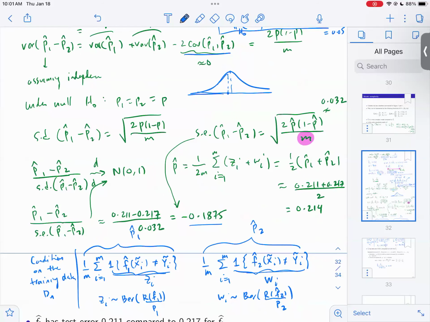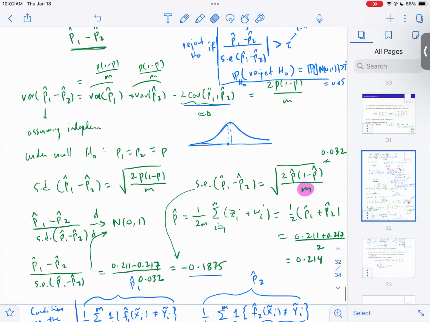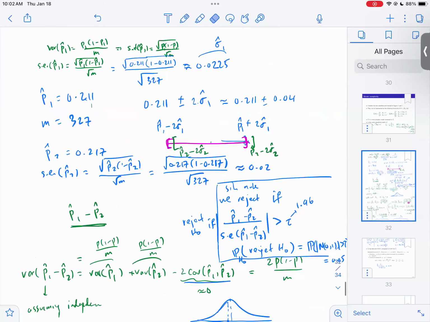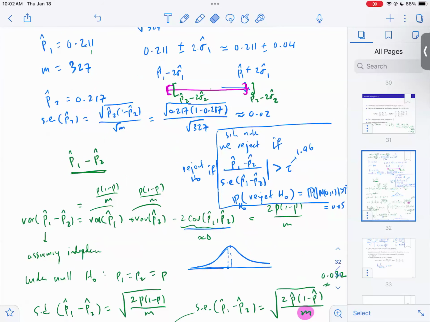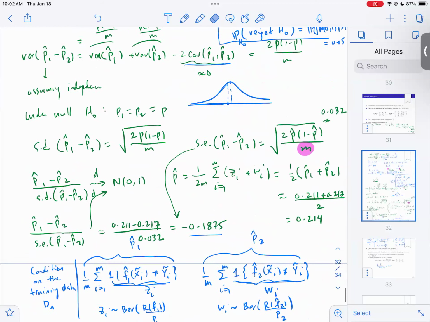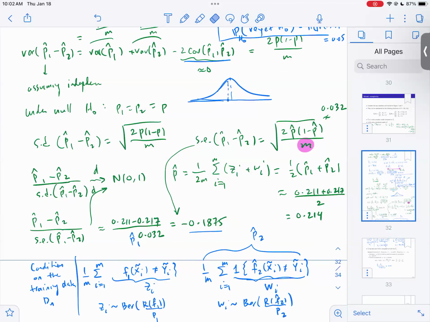You can just add the covariance here, minus 2. So you can calculate covariance at this level. It turns out it's going to be 1/n, then minus 2 times the covariance of the pair of these. And so you just have to calculate the covariance of these two objects.